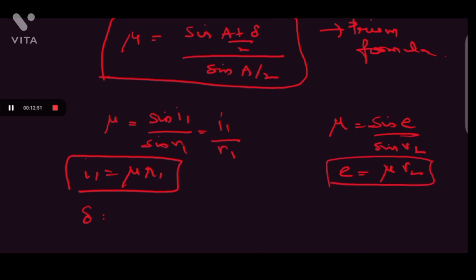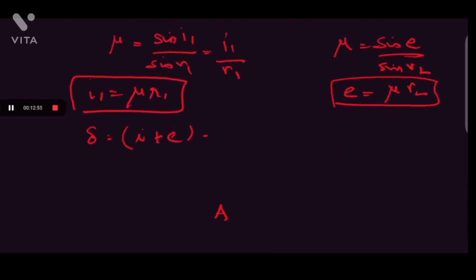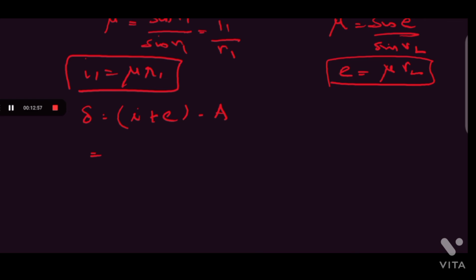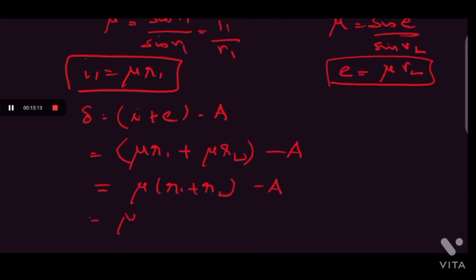So from the equation delta is equal to I plus E minus A, what is I? Mu R1. What is E? Mu R2. So delta is mu R1 plus mu R2 minus A. If you take mu outside, mu into R1 plus R2 minus A. What is R1 plus R2?